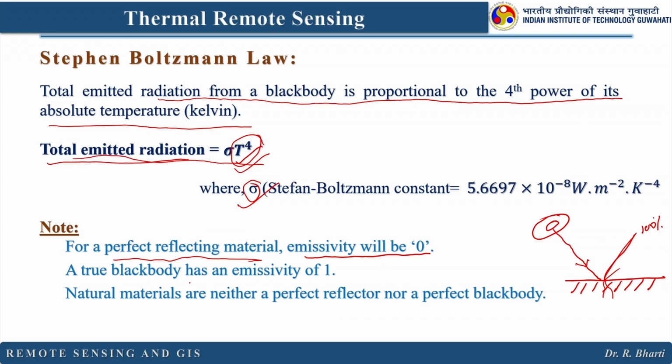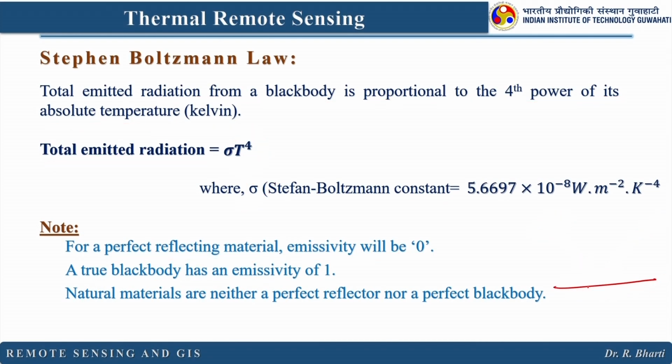A true black body has an emissivity of 1. We call a material a black body when it can absorb all the incoming radiation, right. So this is the definition of a true black body. So let us assume this is my target, and we are referring to this as a true black body. Now what does it mean?